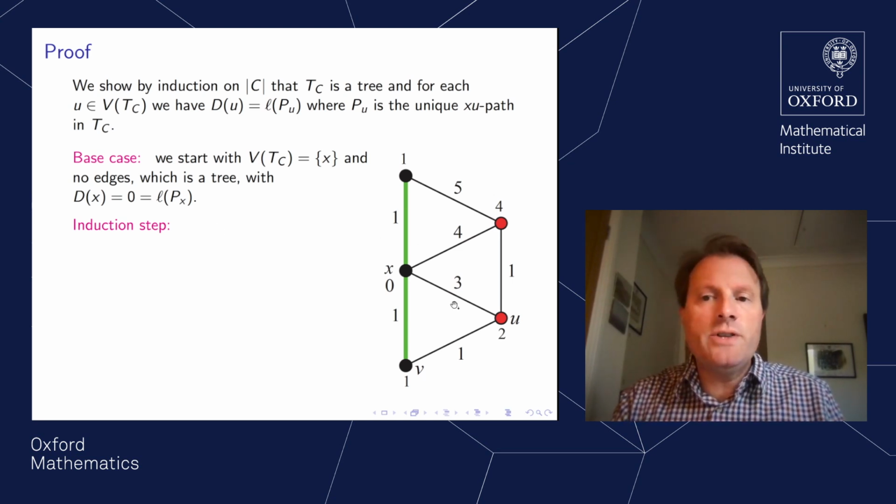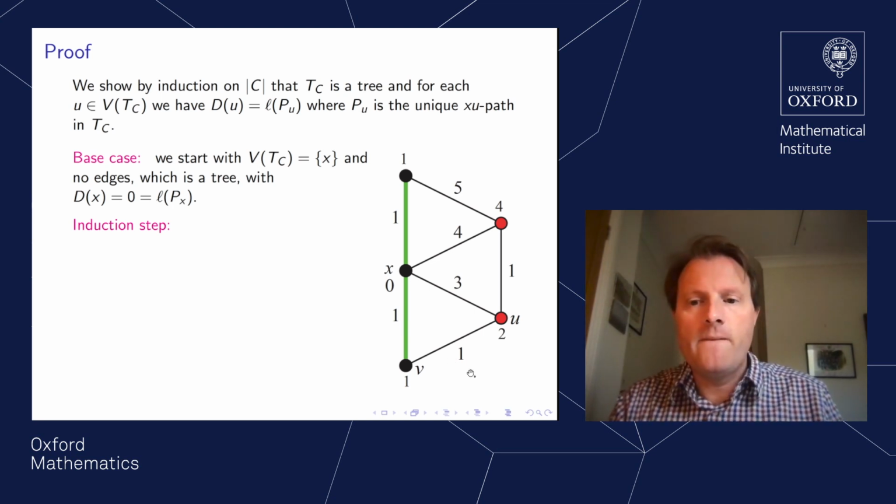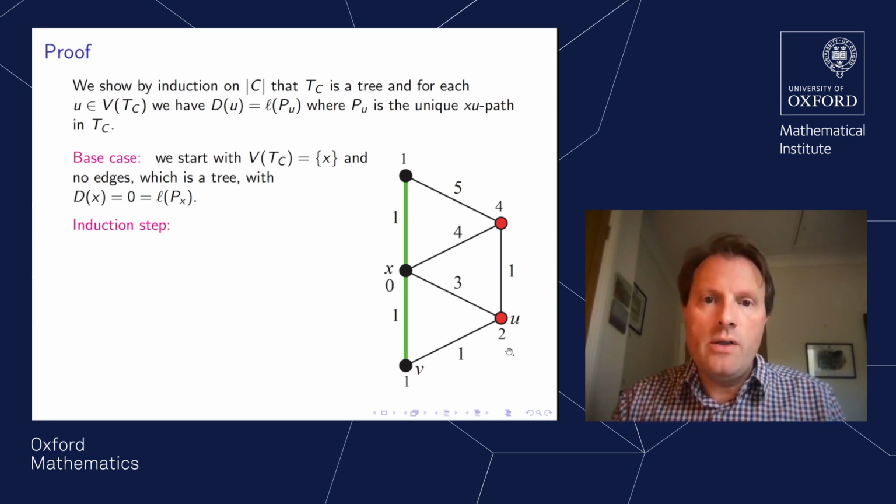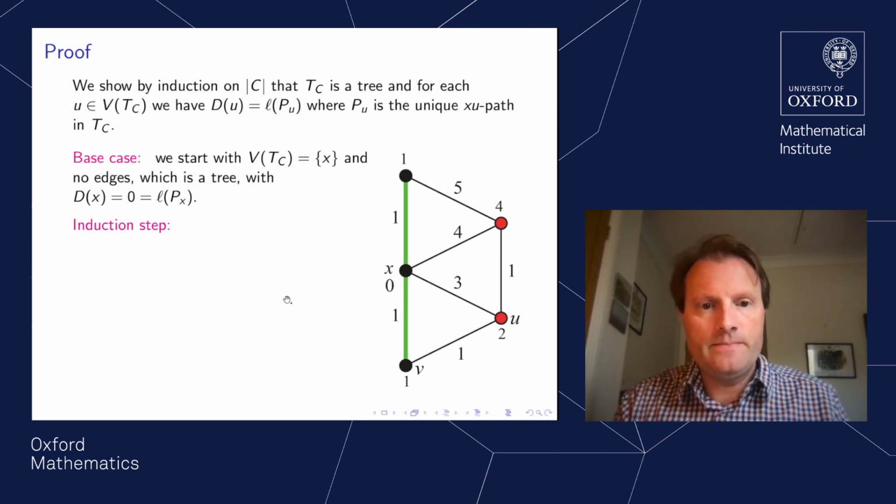Okay, so suppose we've got to this stage here. We're now going to add in one more element to C. We're going to finalize the D value of one more vertex.